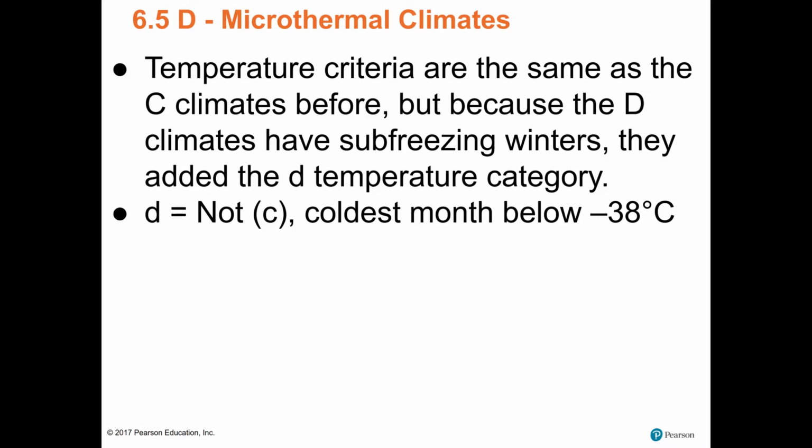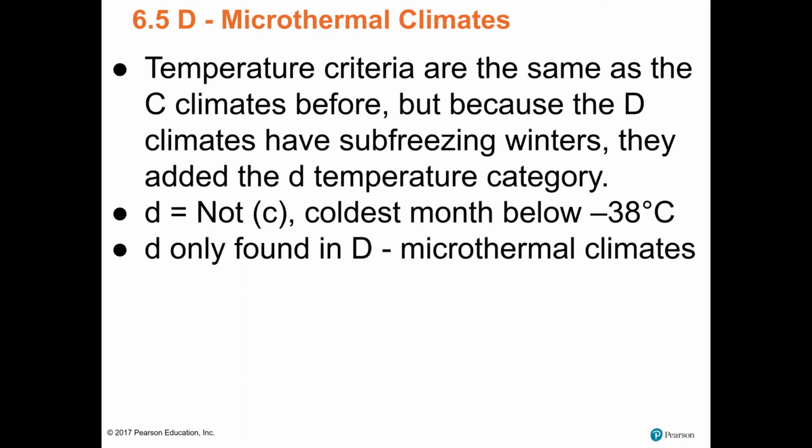So if the coldest month is below -38, the third letter can't be a C. If it's below -38 in any month, the last letter has to be a D, a big capital D microthermal climate. Those are only found in the D microthermal climates.